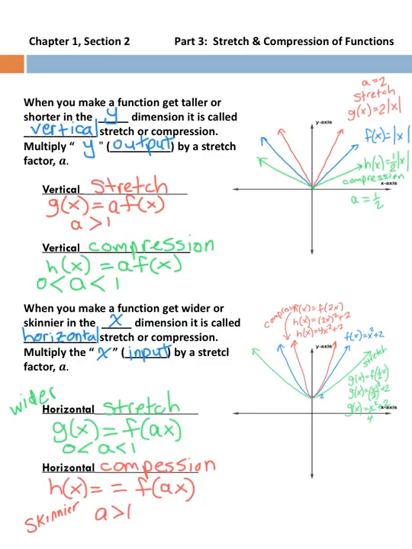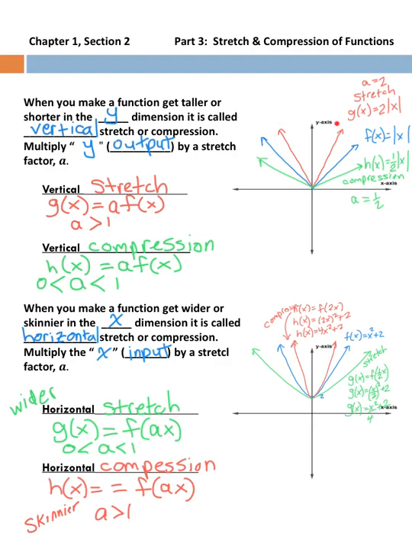Okay, one thing I want to note here before we close out this page is that there's certainly a relationship between vertical stretch and horizontal compression, as well as vertical compression and horizontal stretch. That's why I color-coded these in a way. Vertical stretch means you're stretching taller, but when you stretch taller, you're also getting skinnier.